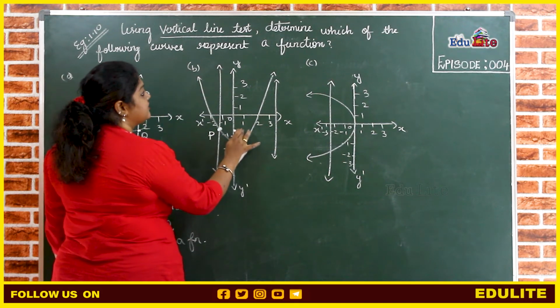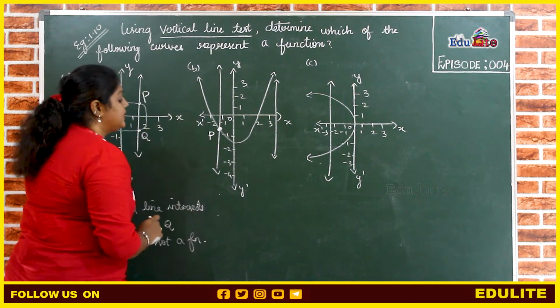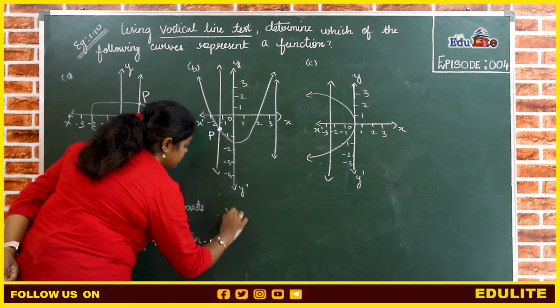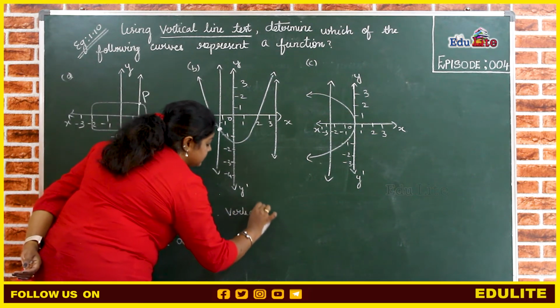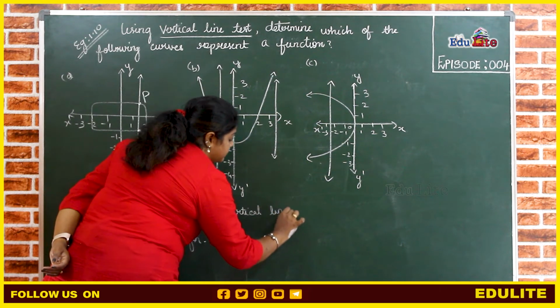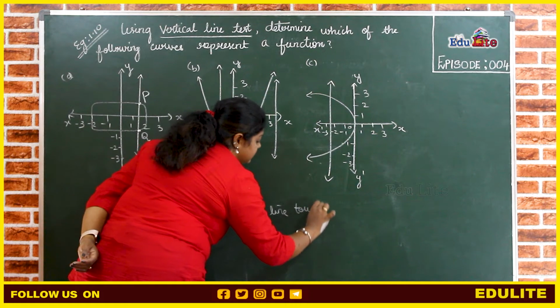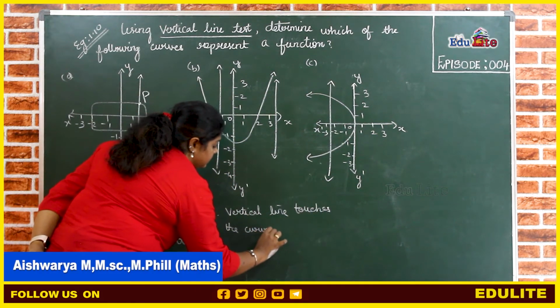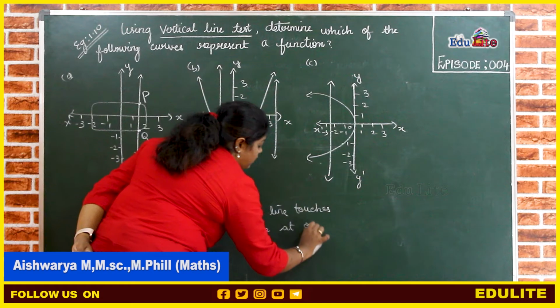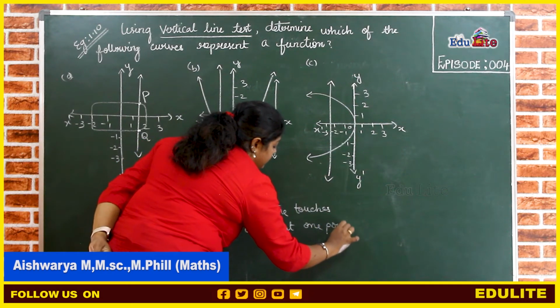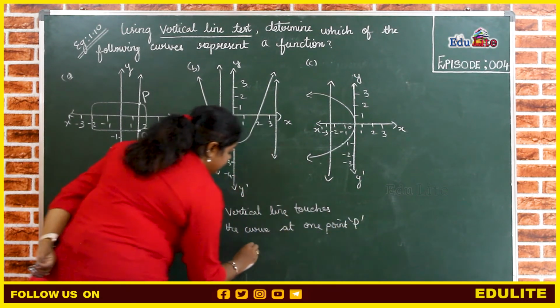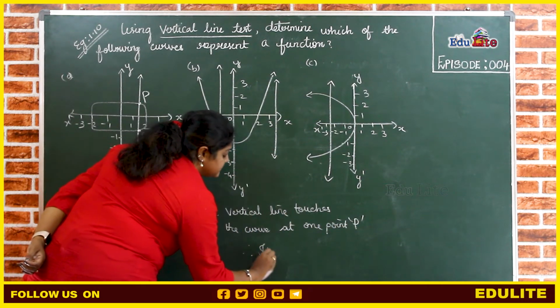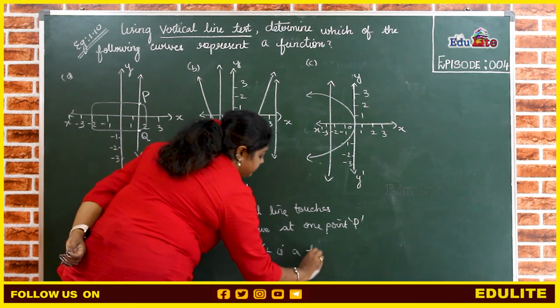Therefore, the given curve is a function according to the vertical line test. The vertical line touches the curve at one point P. Therefore, the given curve is a function.